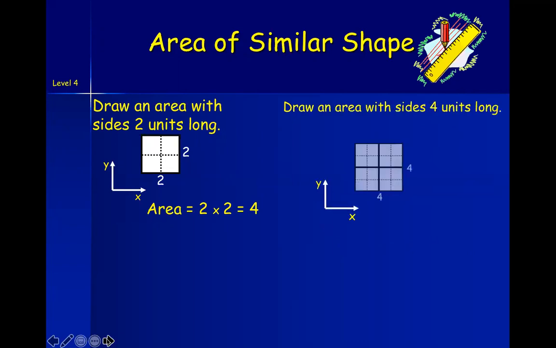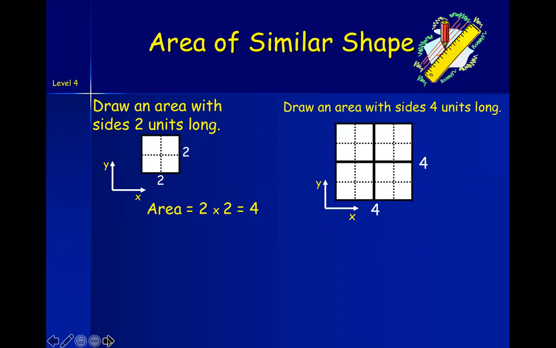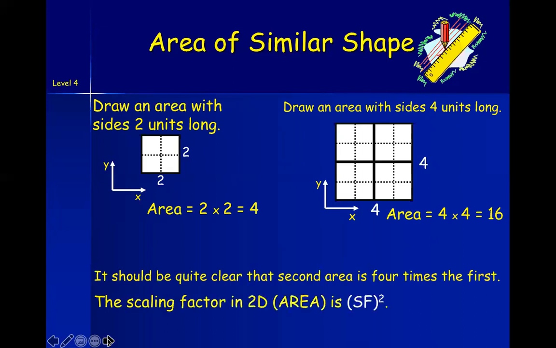And if you draw a 4 by 4, so we've doubled each side, imagine the enlarging scaling factor would be 2, you get 4 by 4, but you can see the area went to 16. So now what we can tell is the second area is 4 times the first.